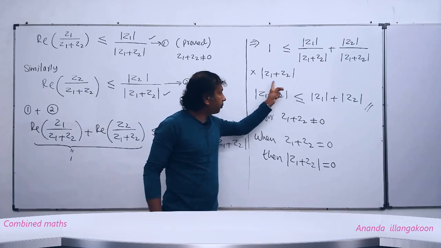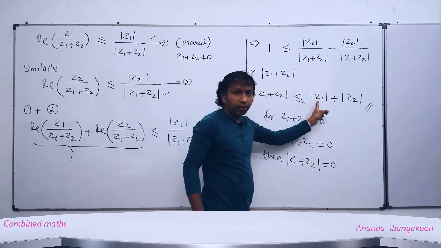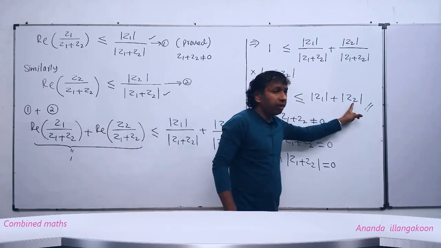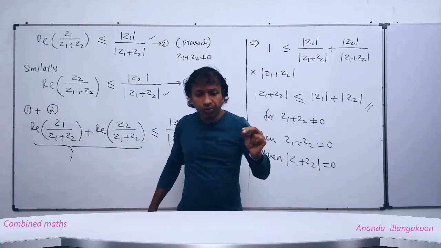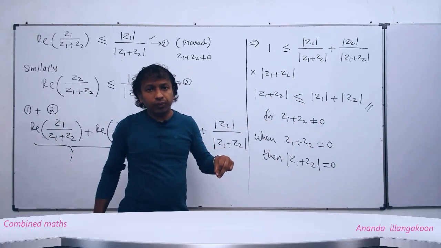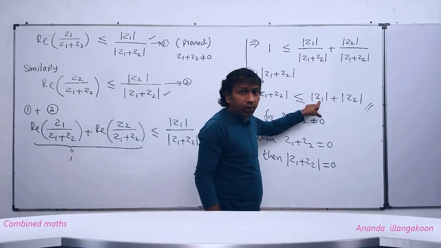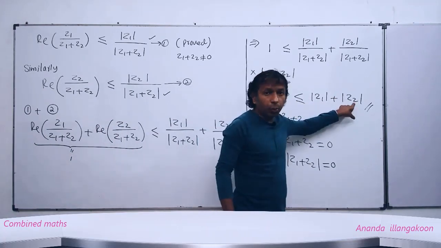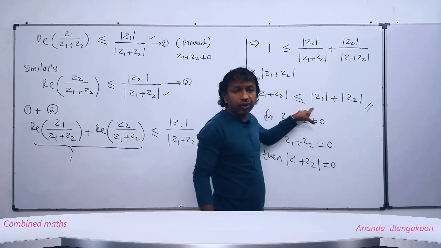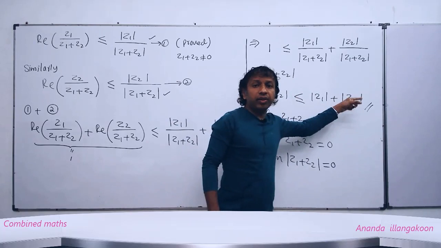This is 0. This can be 0 or positive value. Modulus of a complex number is always a positive value or 0. This is now 0. This can be 0 or positive. If both are 0, 0 plus 0 is 0. 0 equals 0, left and right become equal. Otherwise, the right hand side is greater than the left hand side.